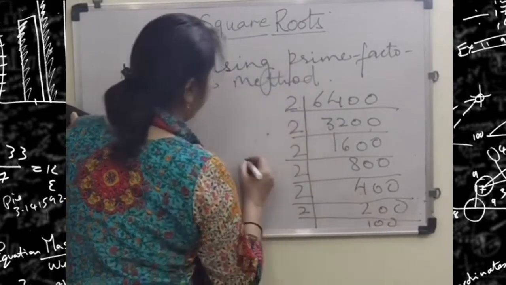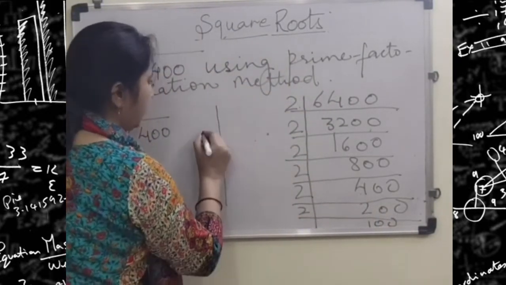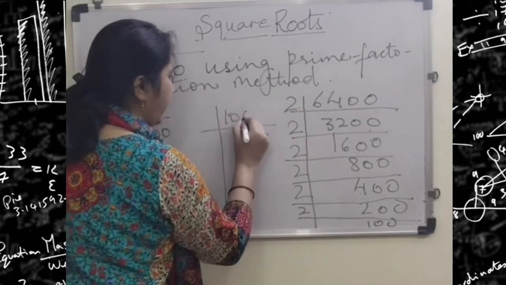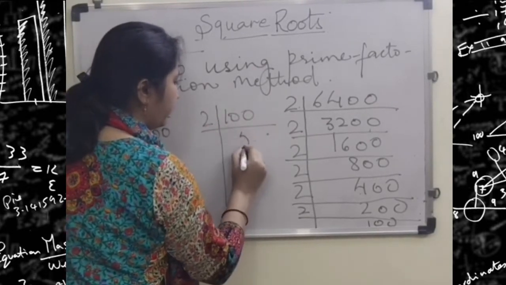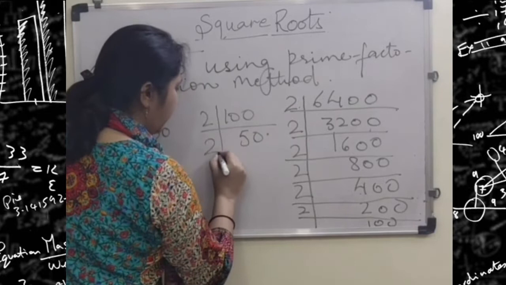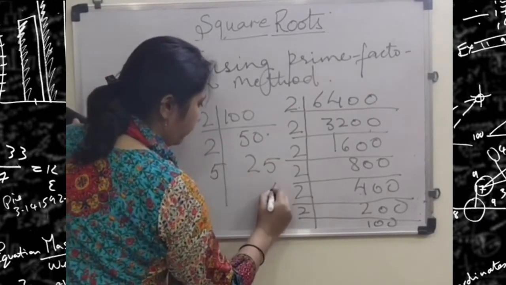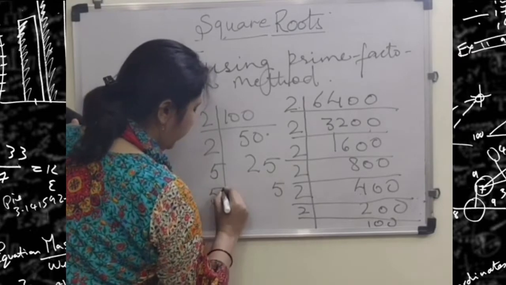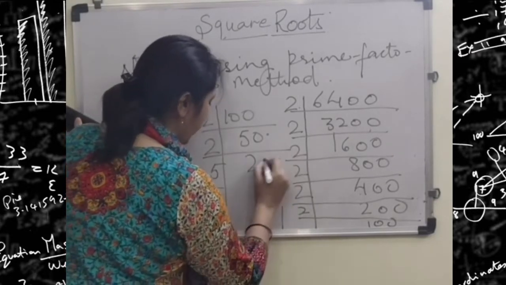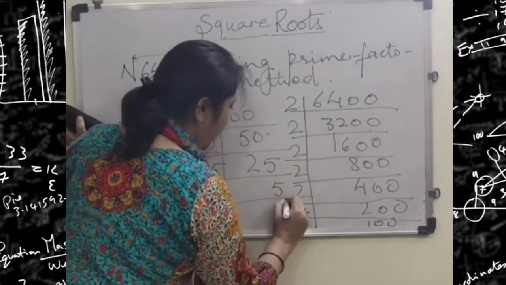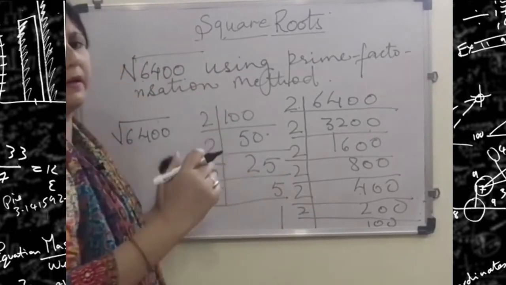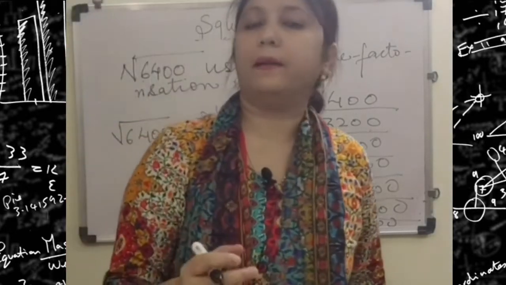We continue the process. Prime factorization of 100 is by 2, it is 50, again by 2, it is 25, by 5, it is 5, and by 5, it is 1. We keep on factorizing the number till we get 1.